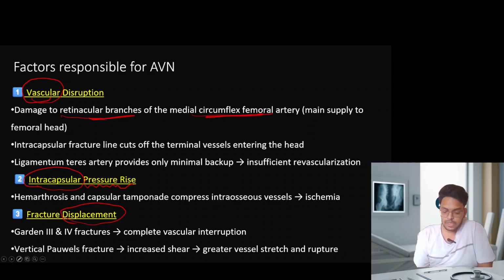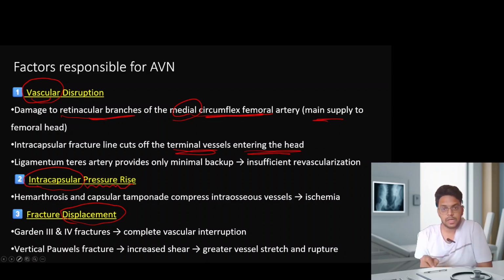artery, these are the main supply for the femoral head. Only 20% is supplied from the foveal artery, the lateral circumflex artery will supply 30%, and the remaining nearly 50% of the head is supplied by the medial circumflex artery, right? And the intracapsular fracture line cuts off the terminal vessels that enter the head.